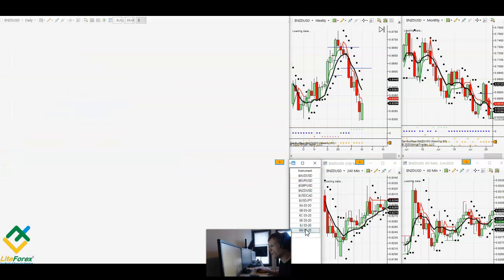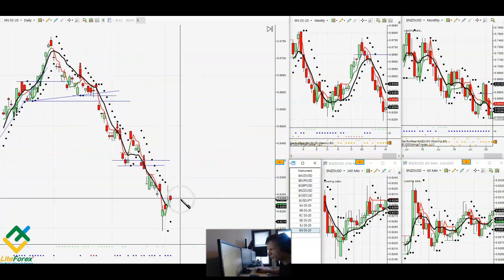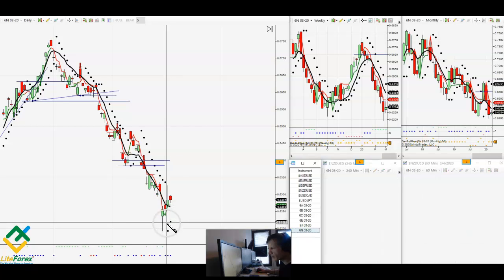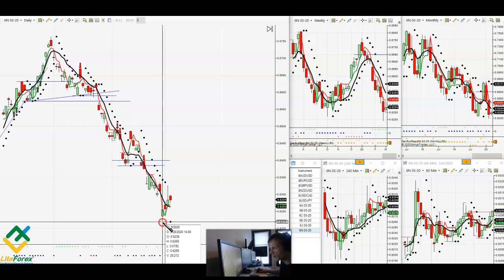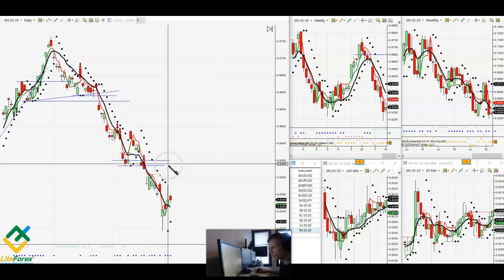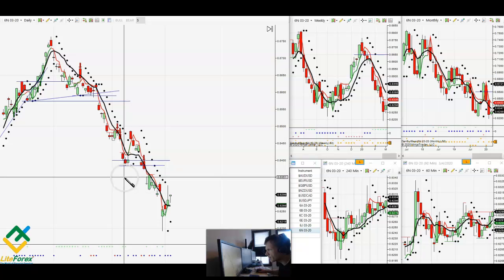Close above it tomorrow. Okay, New Zealand futures. They look a little bit different, but point is, it was really obvious this was going to rebound by looking at the candle on the 28th with this gap. I knew this was going to rebound. And let's see if it can. Yeah, 63.50 is where I'd like to see this above.